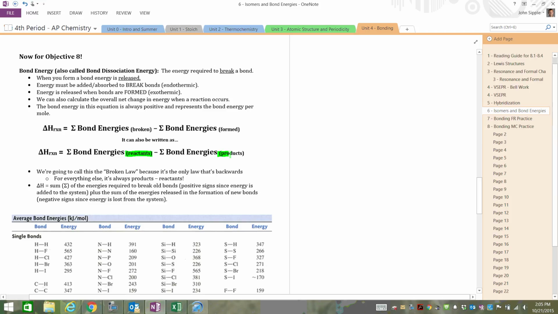Something I want to point out that's slightly different than what we've done so far: when we're looking at bond energies, we are looking at reactants minus products. Remember, when we calculated enthalpy values, it was products minus reactants. In this case, with bond energies, or bond dissociation energy, it's going to be reactants minus products.